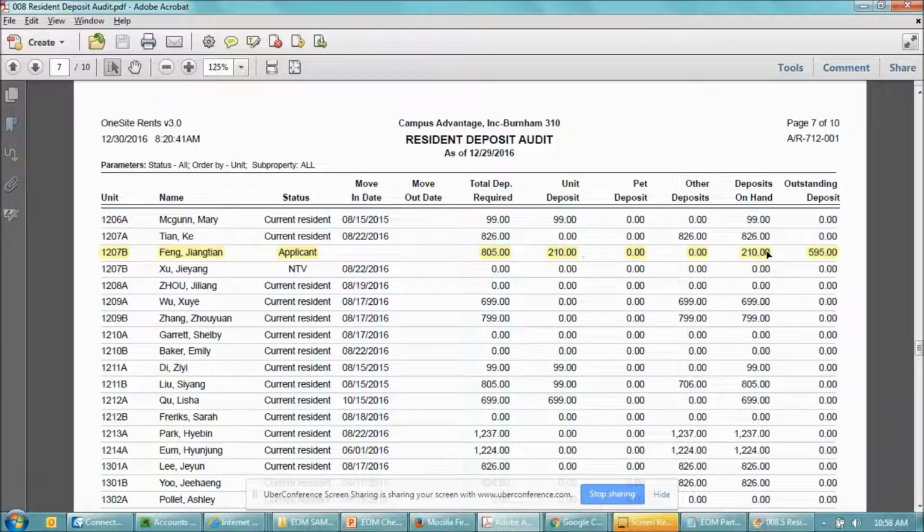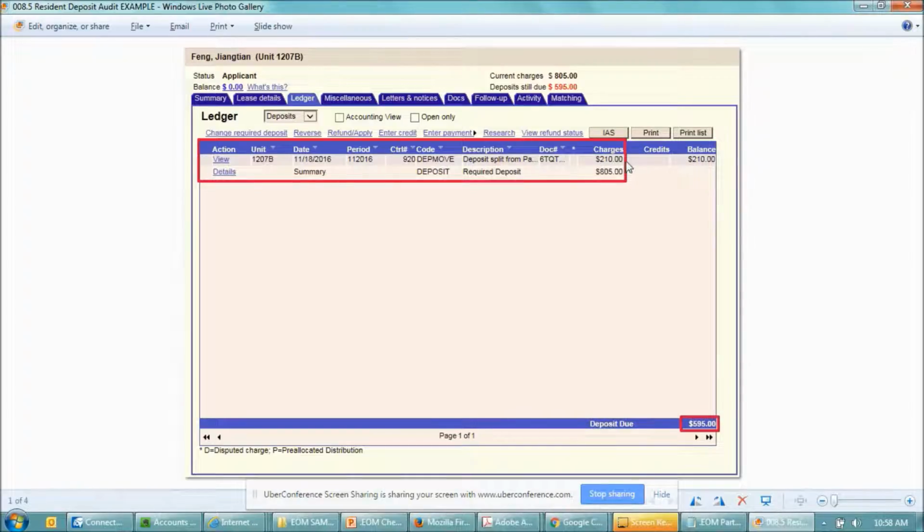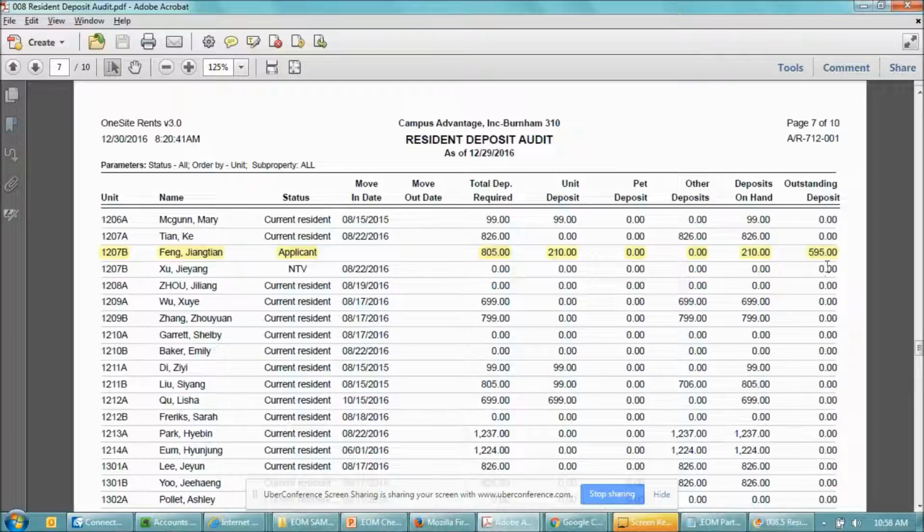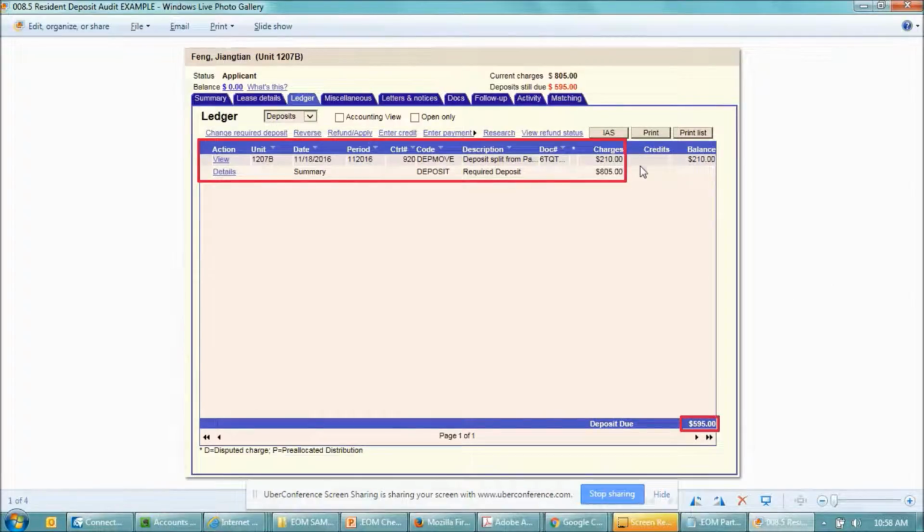But he's only paid $210, split from his resident account. So that gave him this $595 balance, this variance here. And you can see in the upper right-hand corner of the ledger, it says deposits still due right here.